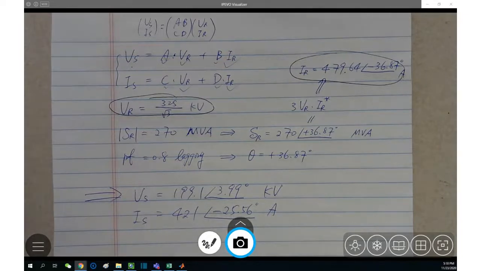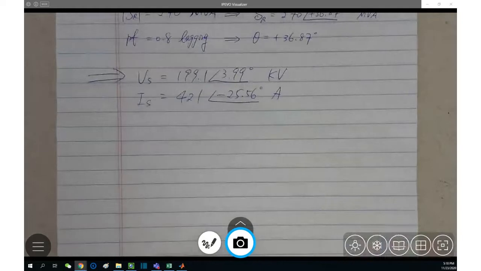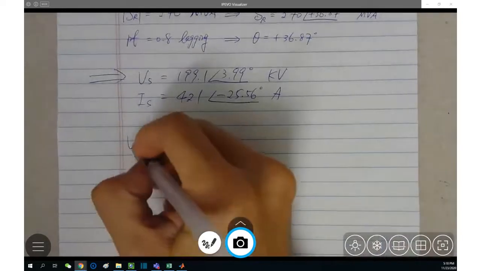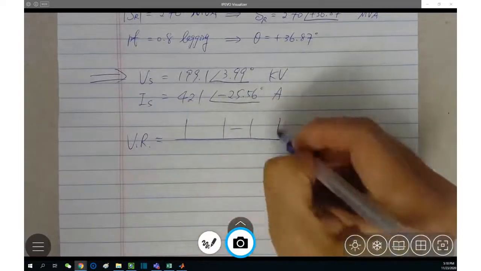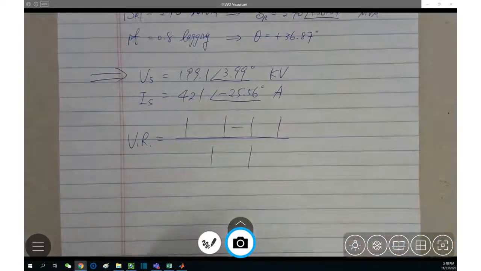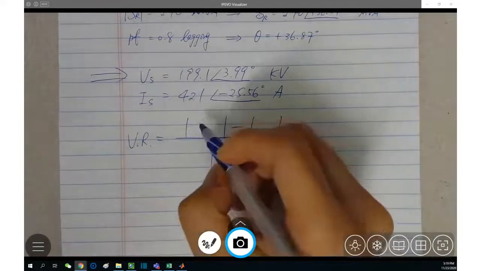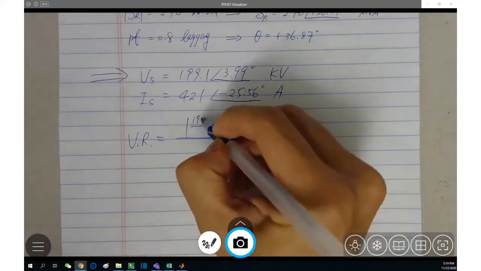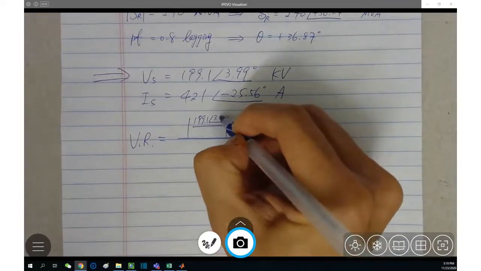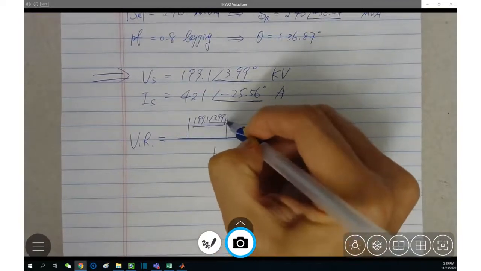All right, I believe one of you has the correct voltage regulation. Let's see how we get there. The voltage regulation equals, obviously, 3 magnitudes, including the denominator. The numerator is VS divided by A. VS is the value we already got, in kilovolts, so be careful.